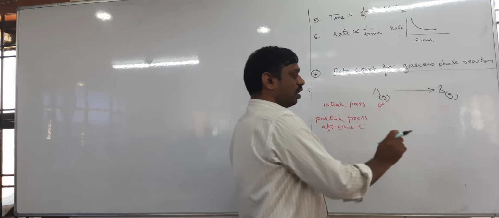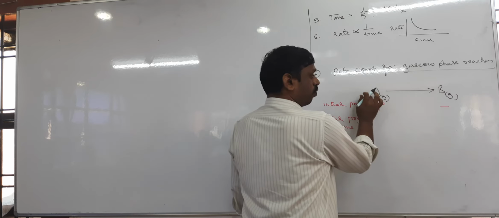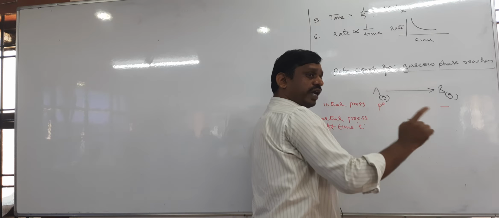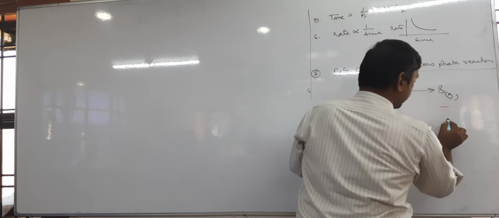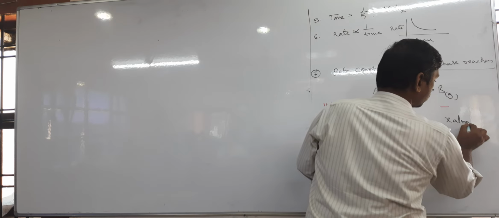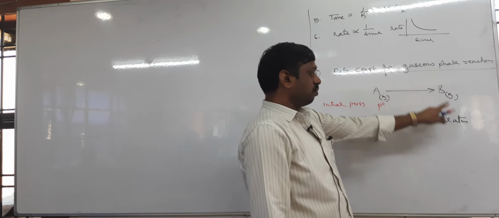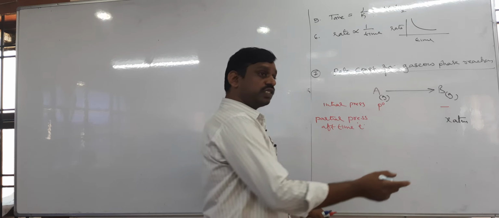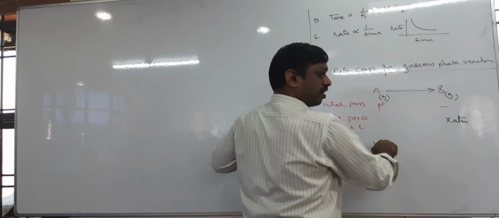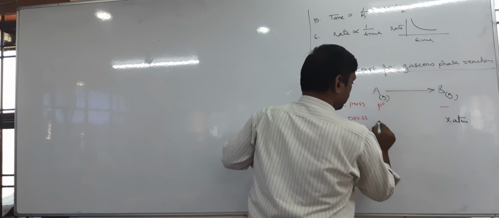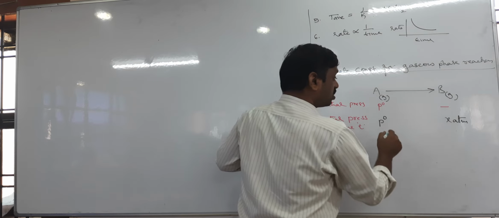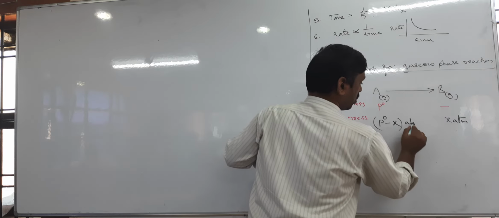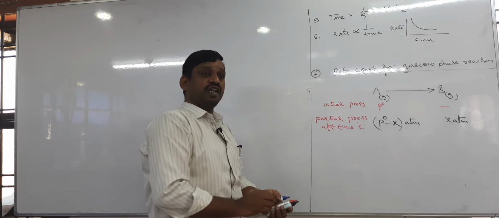Suppose 1 mole A undergoes reaction and gives 1 mole B. If I take it that X atm pressure is observed, it means the pressure of B is X atm after time t. Then what is the partial pressure of the reactant left after time t? Initially P naught, then how much decreased? X. Therefore P naught minus X is the partial pressure of reactant left.